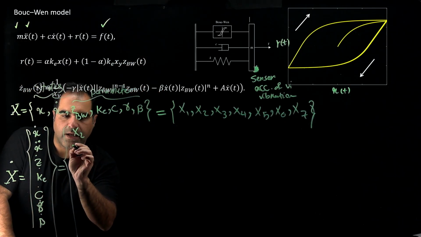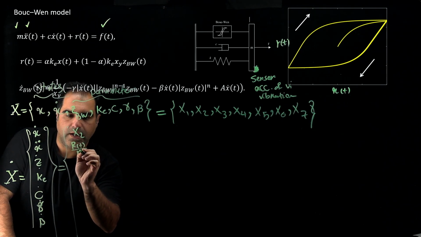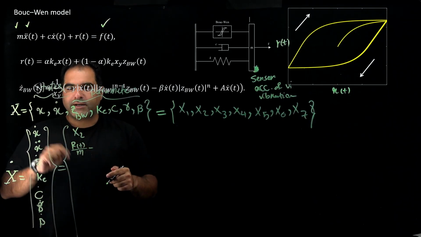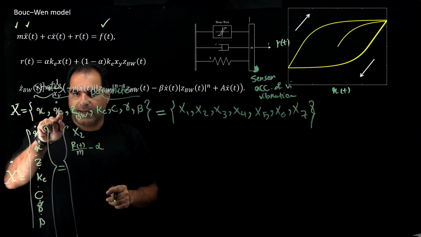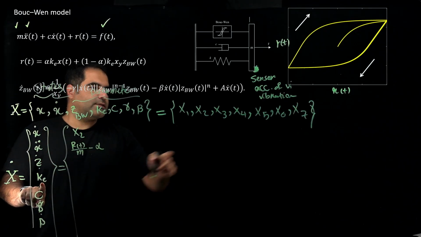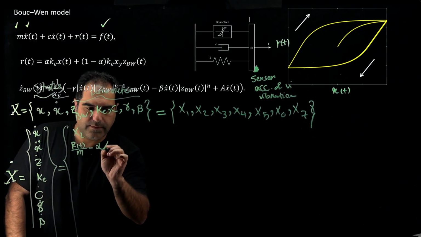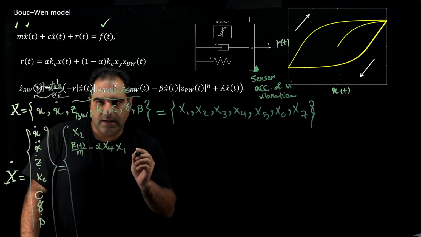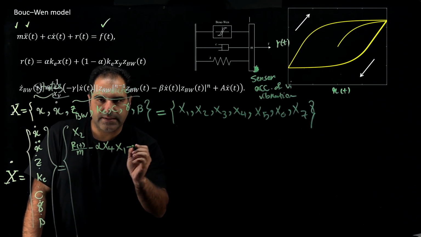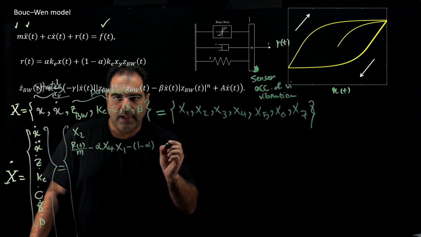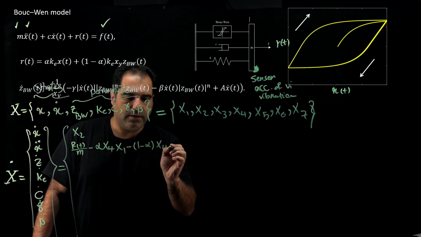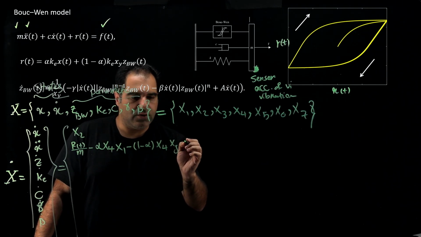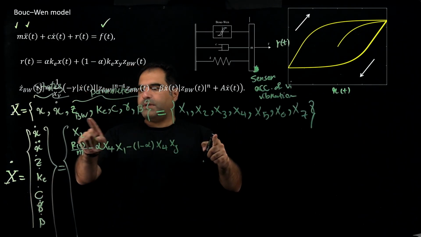Then it will be f(t) divided by m, which we know, minus R(t), which is alpha Ke, here Ke is x4, and x(t), which is x1, plus 1 minus alpha, Ke, which is again x4, x_y, which is a constant and we know it, and z_BW, here z_BW is x3.